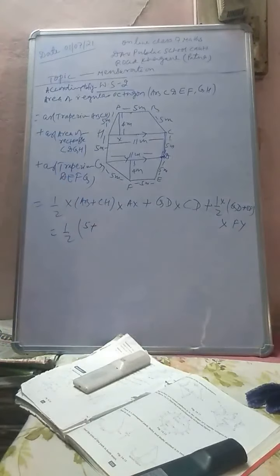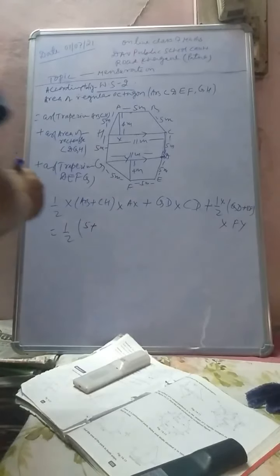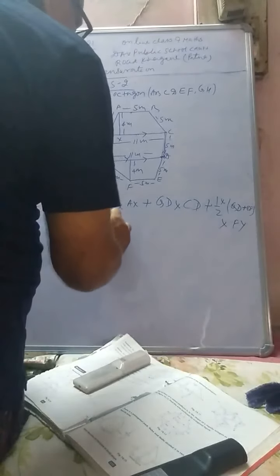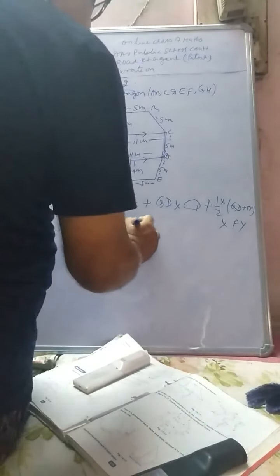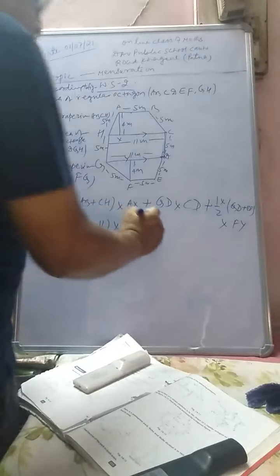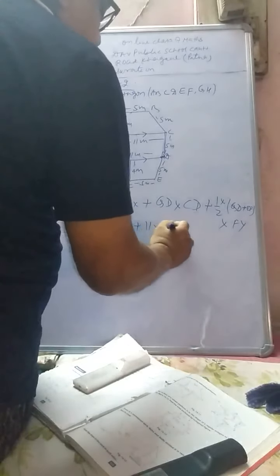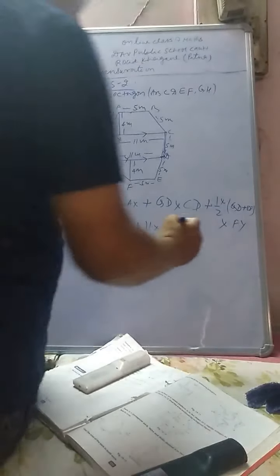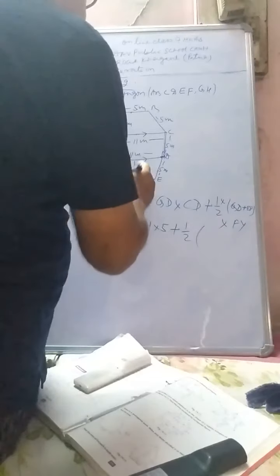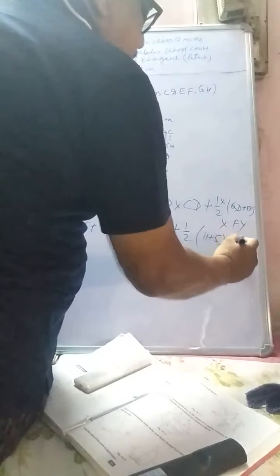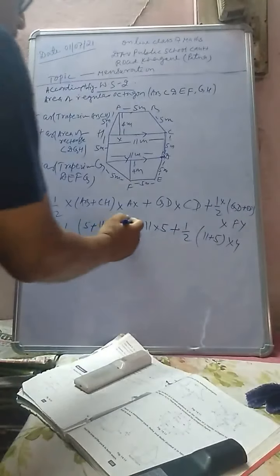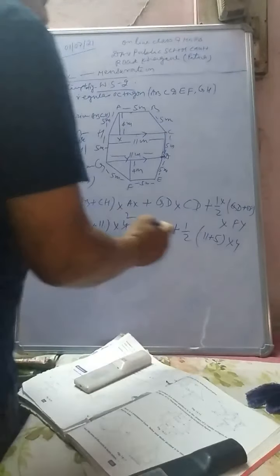This is equal to 1 by 2 AB 5 plus 11 into AX, that is 4, plus 11 into 5 plus 1 by 2 into 11 plus 5 into 4, that is 2.